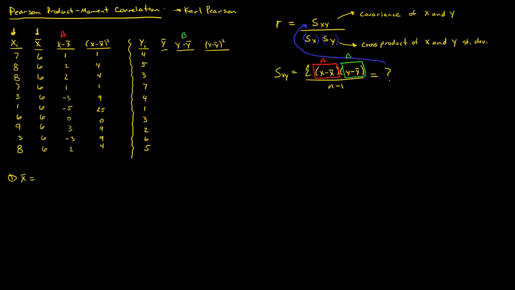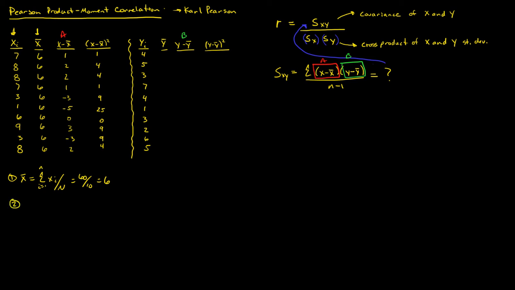My mean was the sum from i equals 1 through n of the raw score. So I'm summing all of the x sub i scores and dividing by the total number. This gave me 60 divided by 10, which equaled 6. I brought that up here into the mean column. So that was how I got x bar.